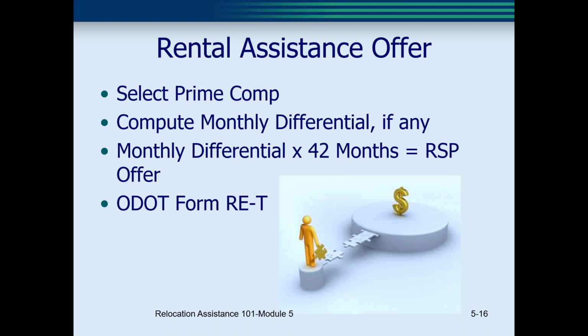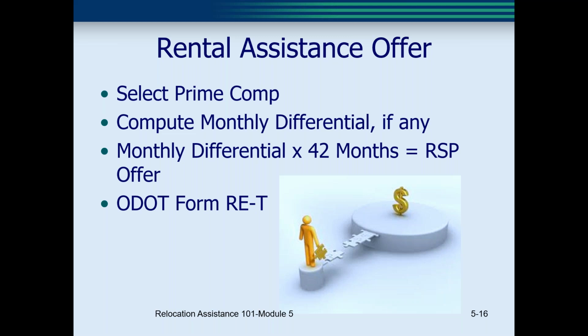So once you have calculated the base rent, remember the base rent is the contract or market rent plus the utilities, or it could be that 30%, or it could be the HUD subsidies.